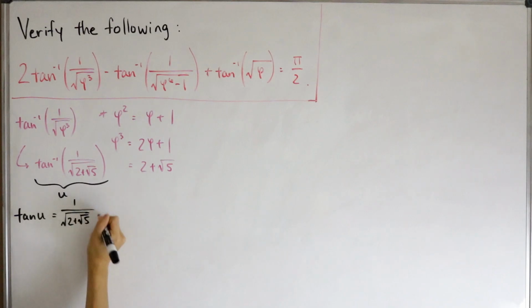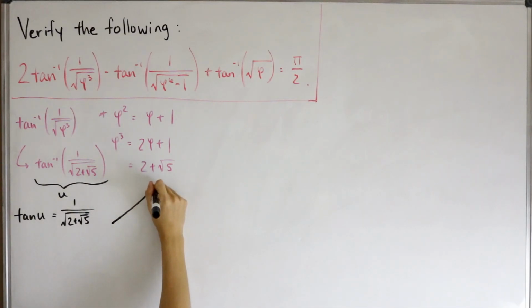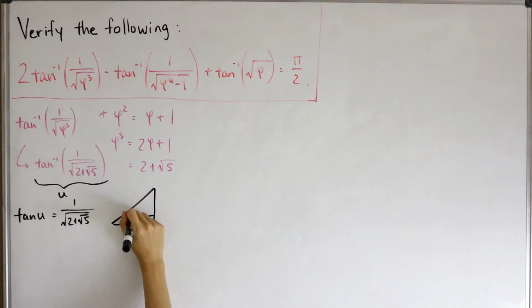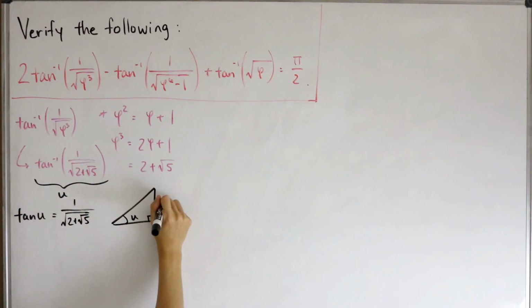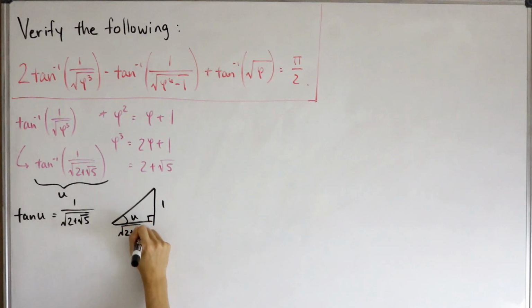Why don't we draw this little right triangle to see where the sides correlate. Our angle is going to be u. Tangent of u is opposite over adjacent, so the opposite is located at this side, which is 1, and our adjacent is going to be the square root of 2 plus the square root of 5.